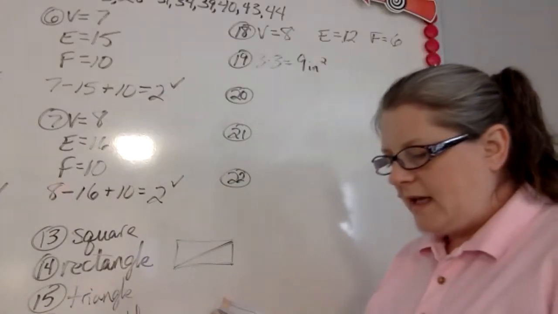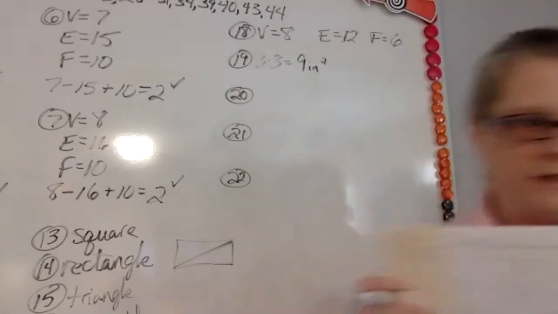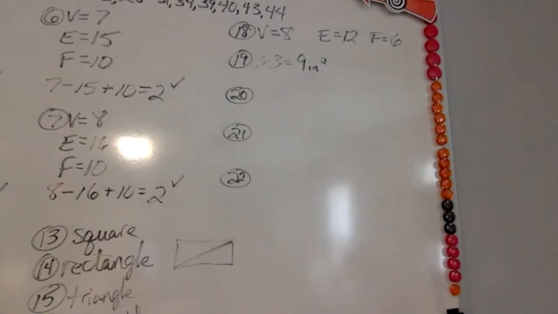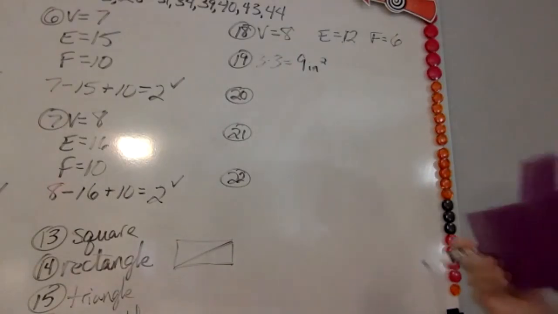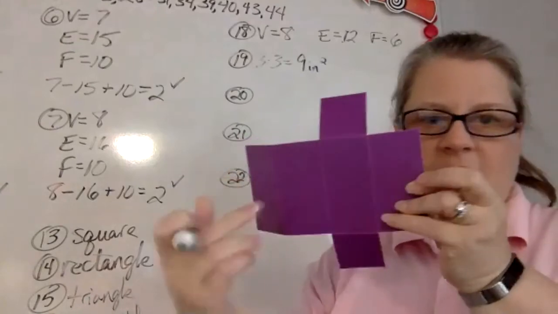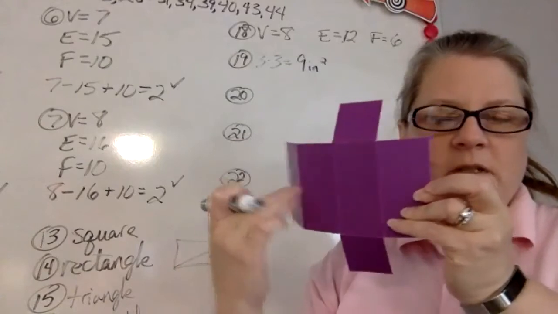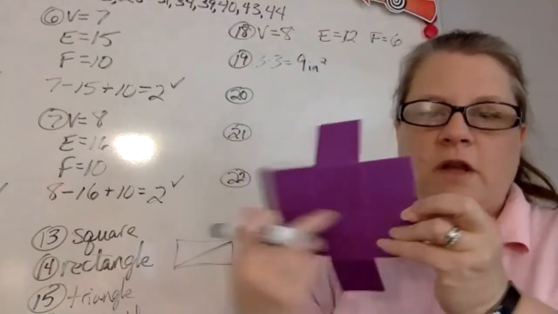Number 20. How many square inches are on each lateral face? The lateral faces are these longer rectangles that make these sides. There are 4 of those, right? But it wants to know the area for one.